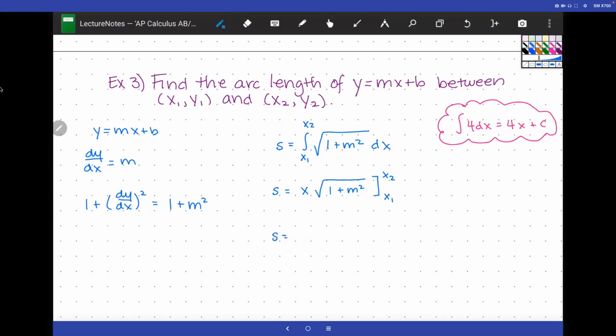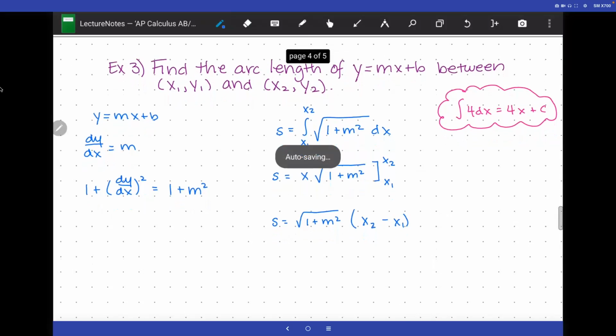Now, the square root of 1 plus m squared, as we said, was a constant. I'm going to just factor that out. And then plug in x2 minus x1. I guess that's my answer.